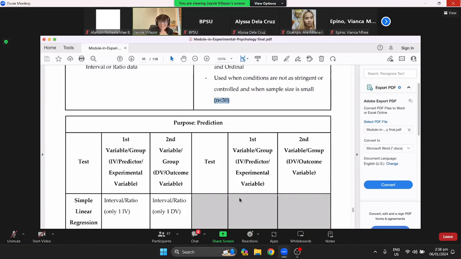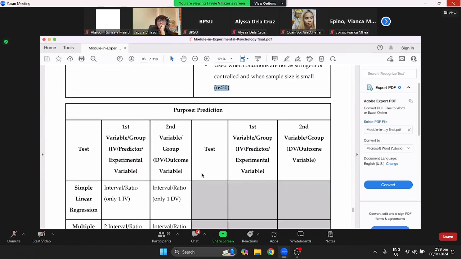And another sign for you to know kung anong statistics ang gagamitin mo, ito yung number 3. Okay? What is your purpose? Tatlo lang naman yan. Okay? Prediction ba? Correlation ba? Okay? Or difference or effect ba? Are you with me, guys?